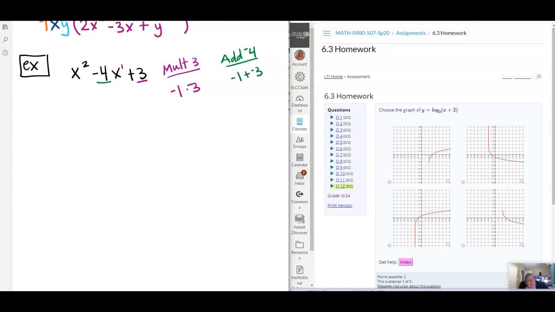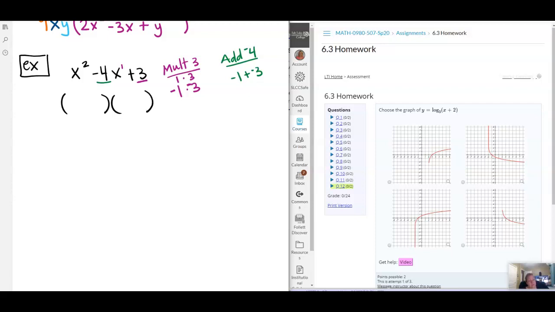That's the trick on this, trying to remember, oh yeah, I have positives. 1 times 3 gives me 3, but also negative 1 times negative 3 gives me a positive 3, because a negative times a negative gives me a positive. But when I add those together, I get a negative 4. Then we use those to help us write our factors.